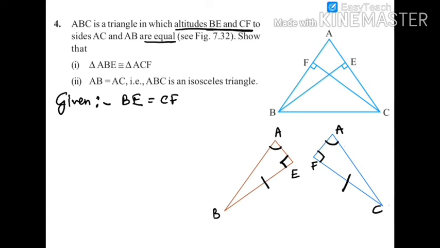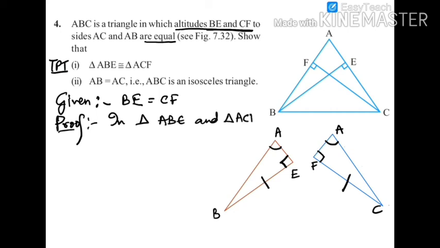Write down the steps of the proof. What is to be proved is clearly stated in the question. So let's jump to the proof. Start by mentioning the triangles in triangle ABE and triangle ACF. BE is equal to CF, given.